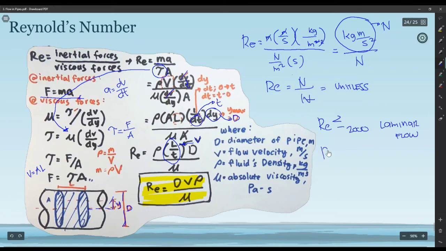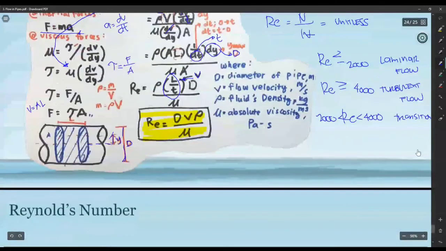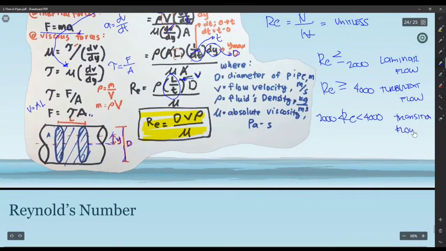But if the Reynolds number is greater than or equals to 4,000, this can be classified as turbulent flow. And if the value is between the range of 2,000 up to but less than 4,000, so this is classified as a transitional flow. Basta transitional flow yan.